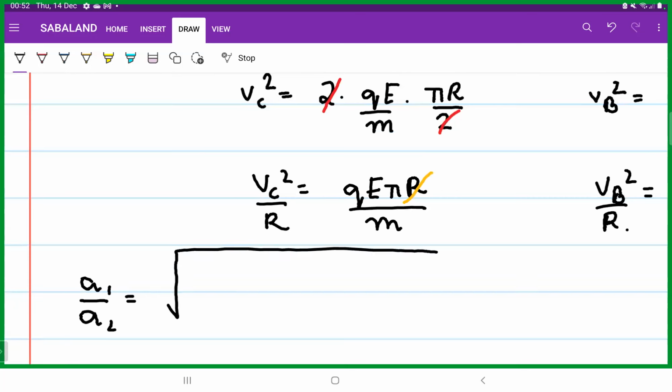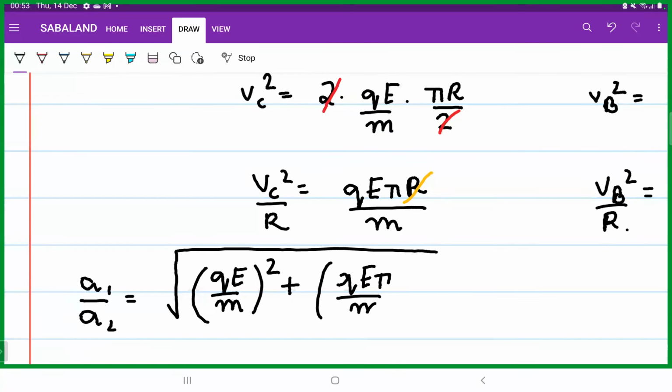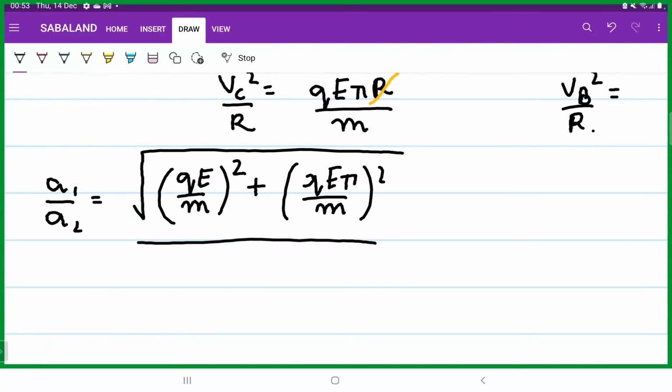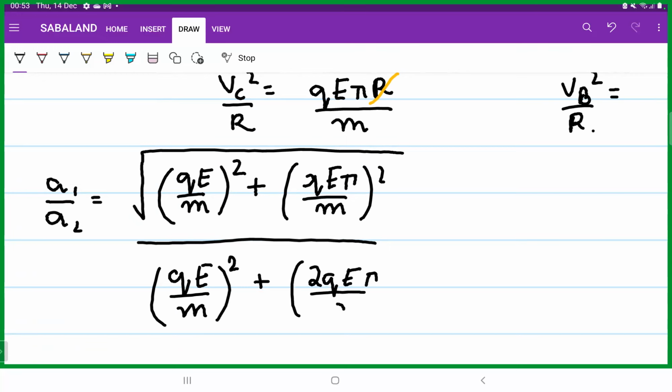So to find the net acceleration we just take the root of the sum of squares of both accelerations, which will be qE by m whole square plus qE pi by m whole square, and this will be divided by qE by m whole square, this is constant, plus 2 qE pi by m whole square, under root.